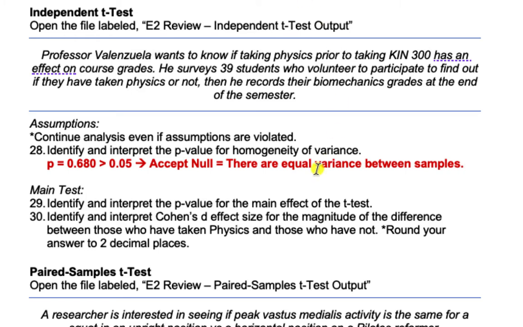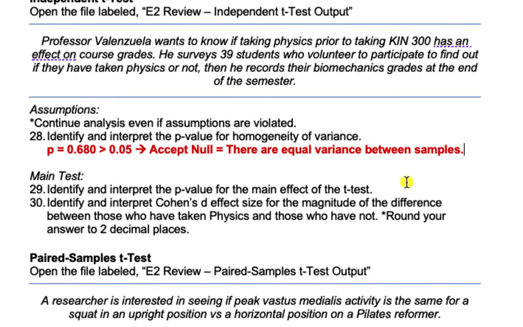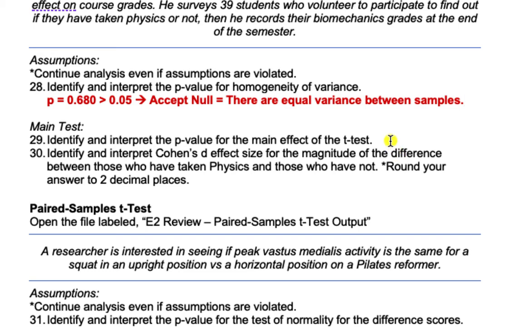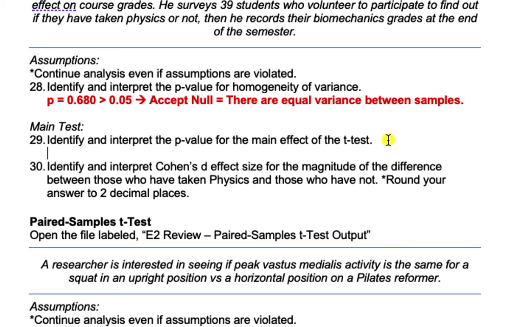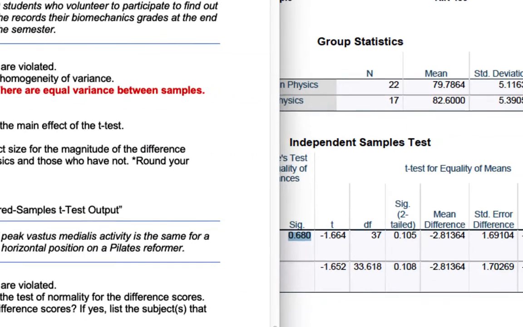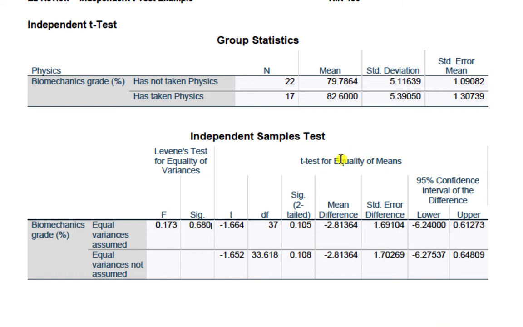For the main effect, we're interested in looking at the p-value for our t-statistic. So in this case, go back to our table. We can see our t-test for equality of means. We can see our t-statistics, and then we can see our p-values listed here.